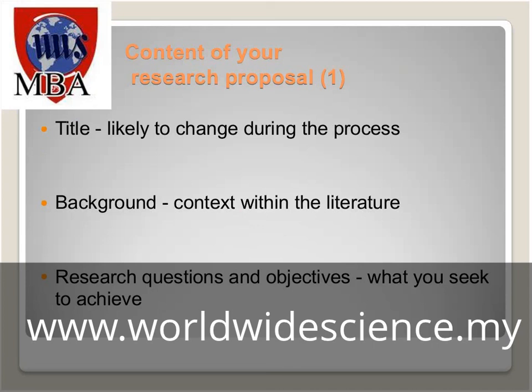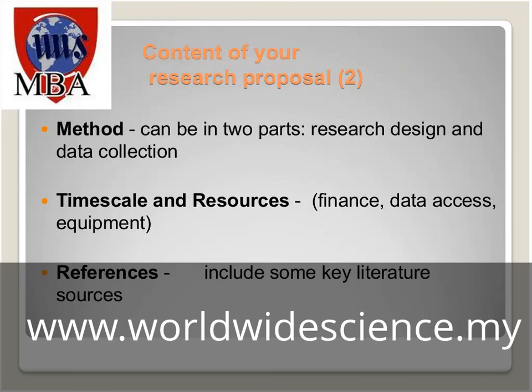Content of your research proposal, I talked about it before. Its title, its background, its research question and objective, and of course, problem statement. And the method can be in 2 parts: research design and data collection, and time scale and resources and references.